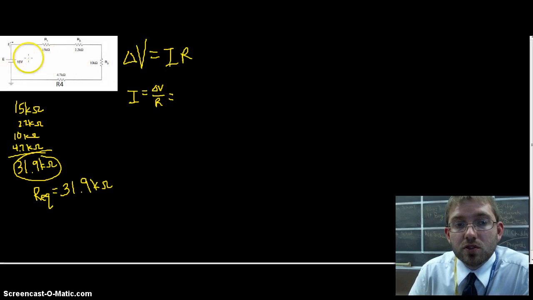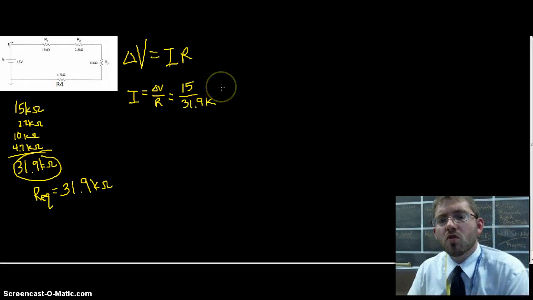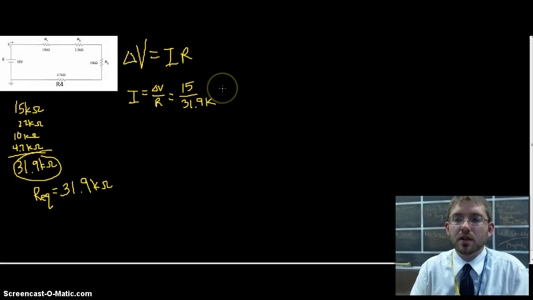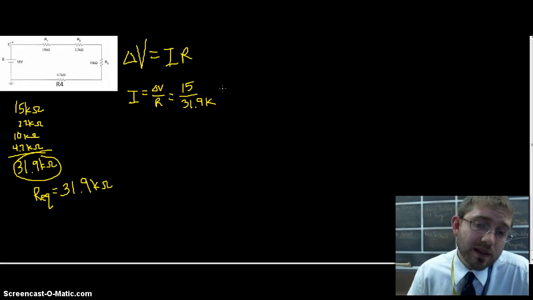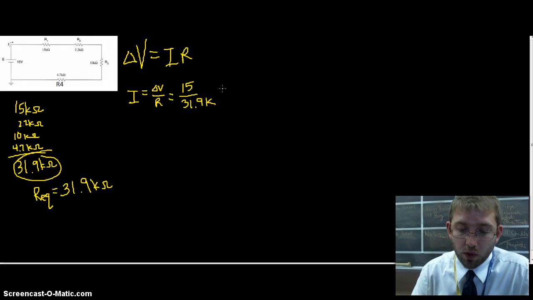Our source voltage, 15 volts. I will leave units off for the sake of just leaving units off. Over 31.9 kilohms. I have to write the k because that's a scientific prefix which implies 1000.